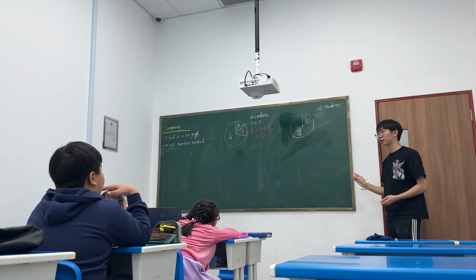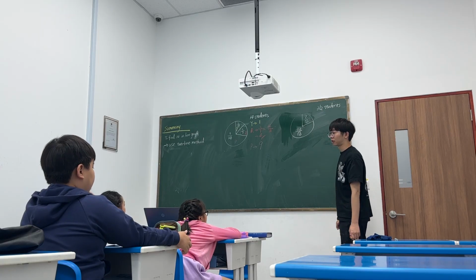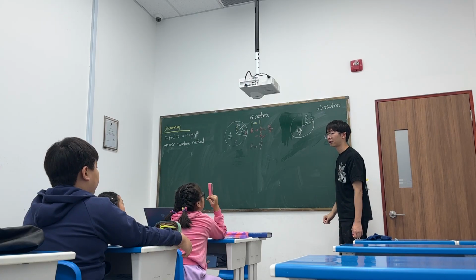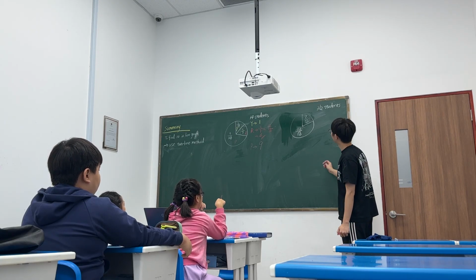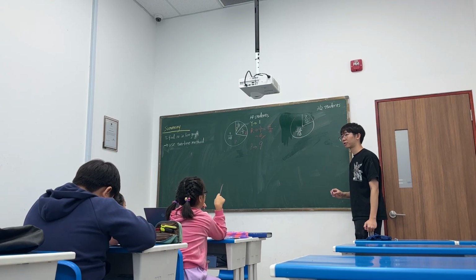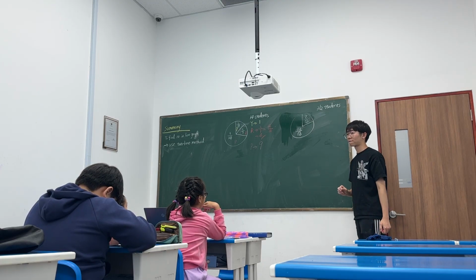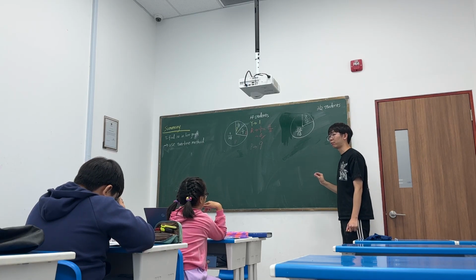How do I find this out? This time let me ask Charlotte. 36 students are in total, right? 18 times what? So can you tell me the first step we should do?